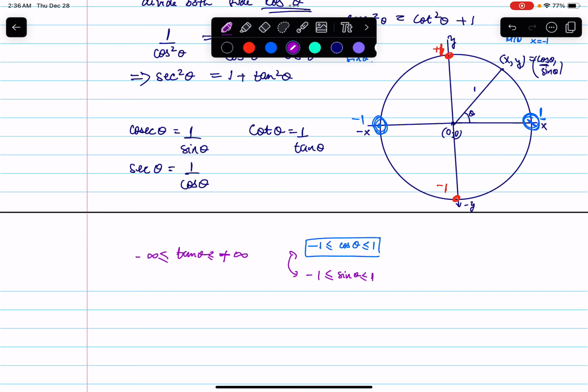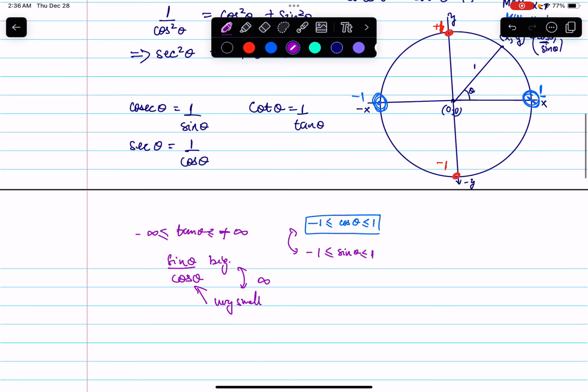That's because tan of theta is sine of theta divided by cosine of theta. Sometimes cosine of theta can be very, very small, whereas sine of theta can be very big. And when this happens, it can go to positive infinity.